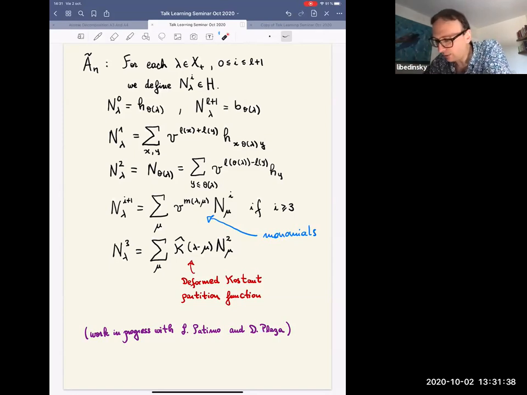Essentially, you interpolate. You fix your lambda, dominant weight, and you define n lambda i for i between 0 and L plus 1, such that n0 is just the standard basis, and the last one is the canonical basis.